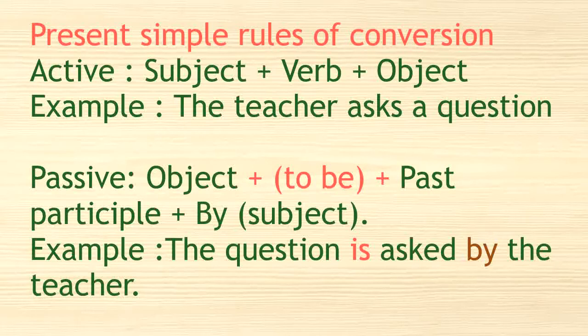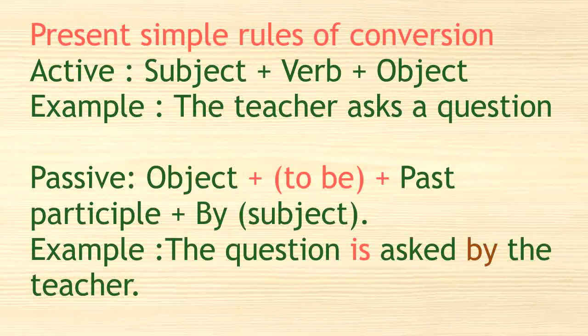So for example, here the main verb in the active form is asks, and it is in the present simple. So when we transform this sentence into the passive form, we have object plus to be plus participle. So that to be will also be in the present simple. So if the word asks is in the present simple, to be is also going to be in the present simple.